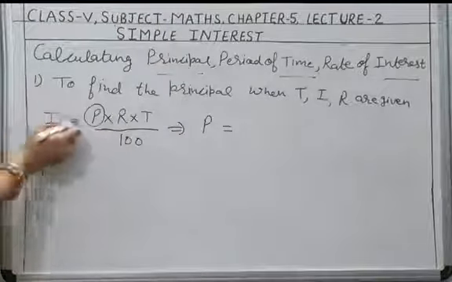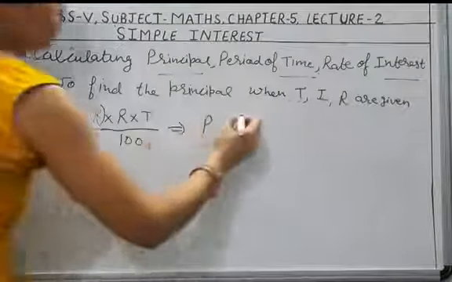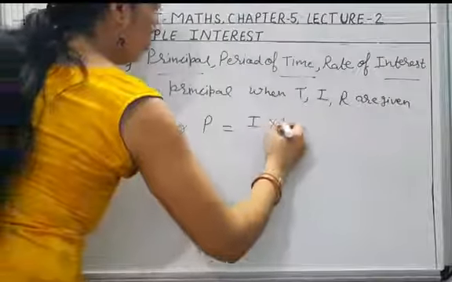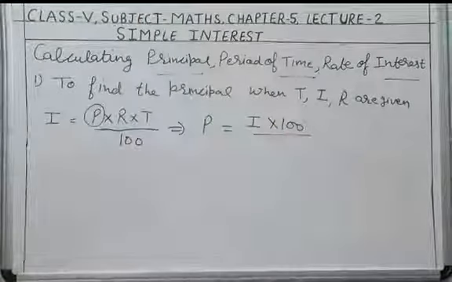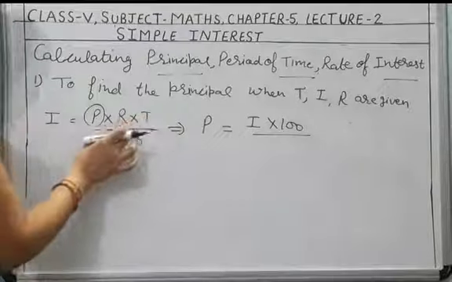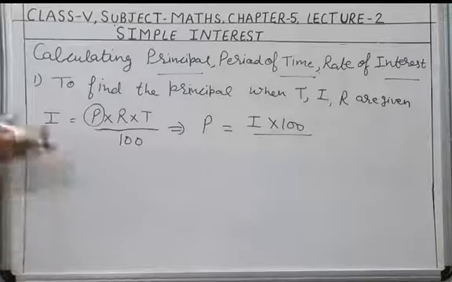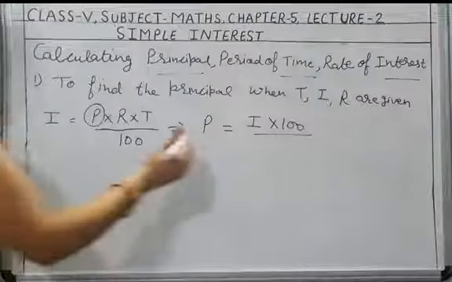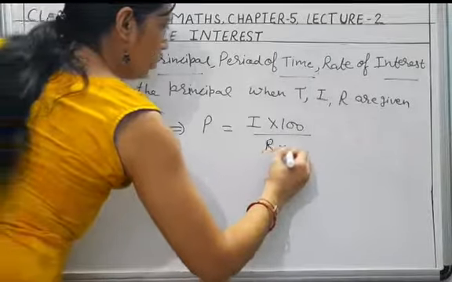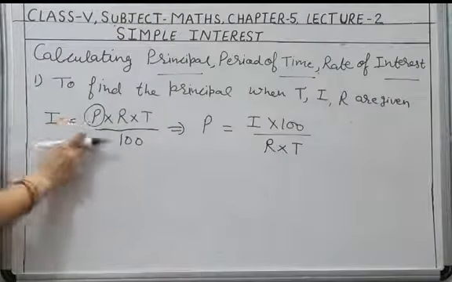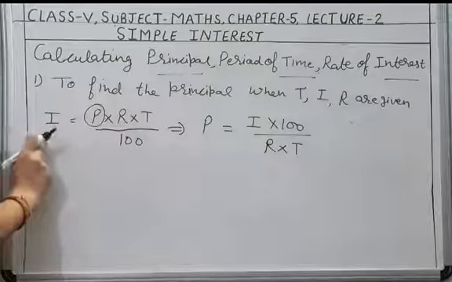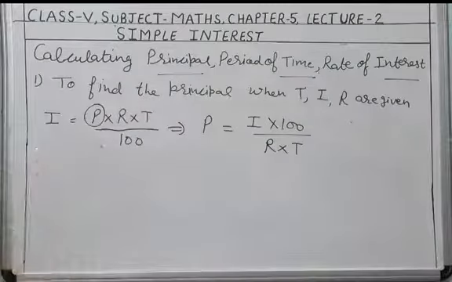Now 100 will shift with interest, so it will be interest into 100 upon rate, and time will become denominator to the left side. So rate into time. Now principal is equal to interest multiply 100 upon rate multiply time.